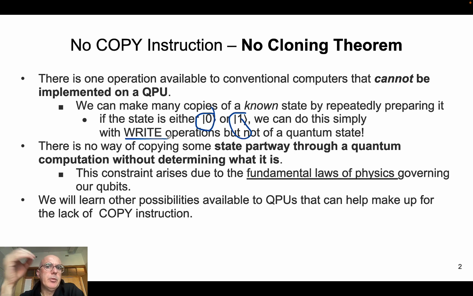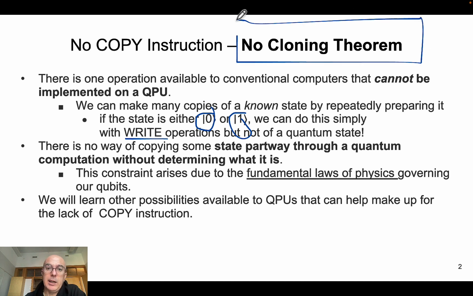Whenever we use quantum computing, we're using quantum mechanics, and quantum mechanics has a law called the no-cloning theorem, which does not allow us to copy, for instance, a superposition quantum state into another state. This is a constraint that arises from the fundamental laws of physics governing quantum computing and our qubits.